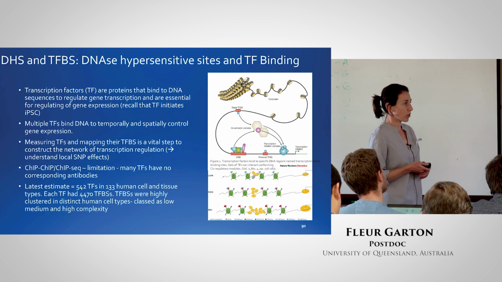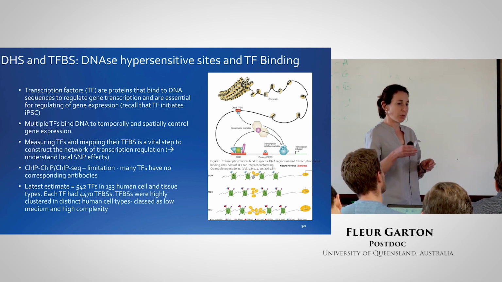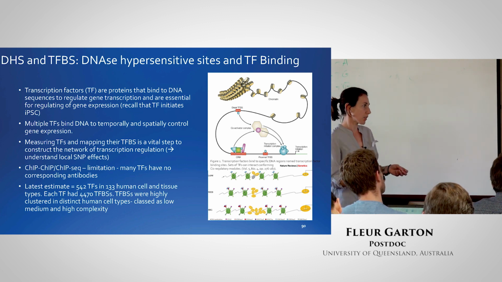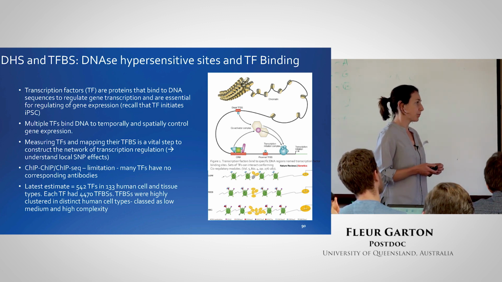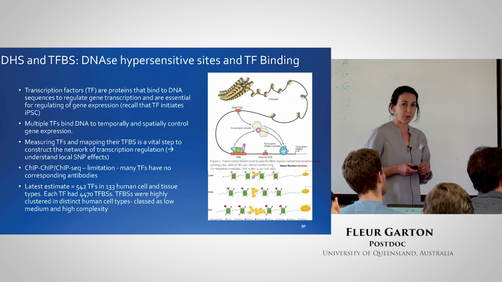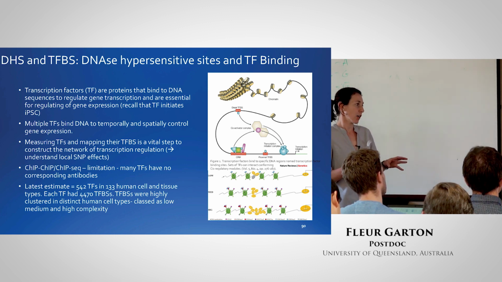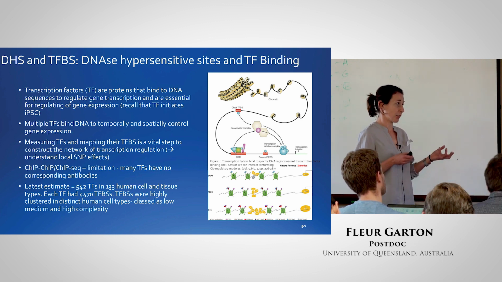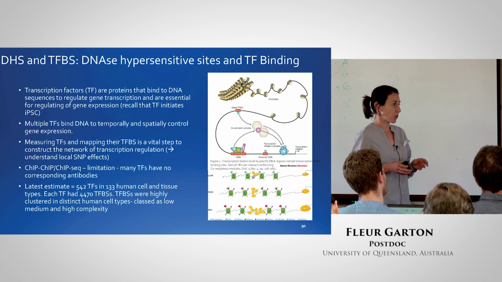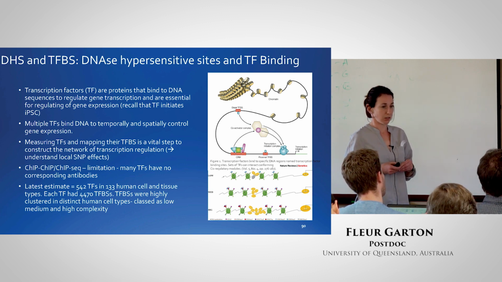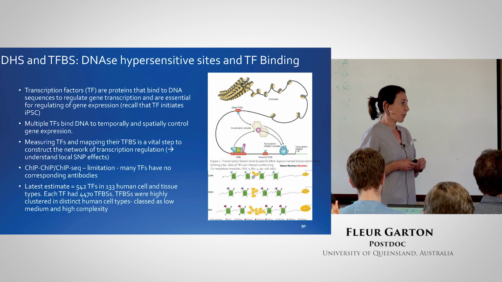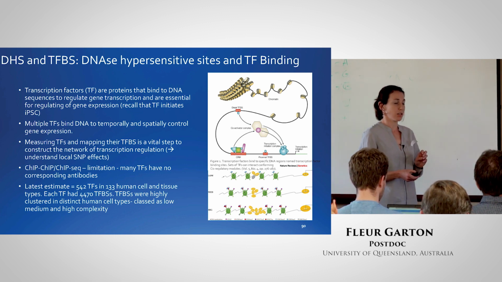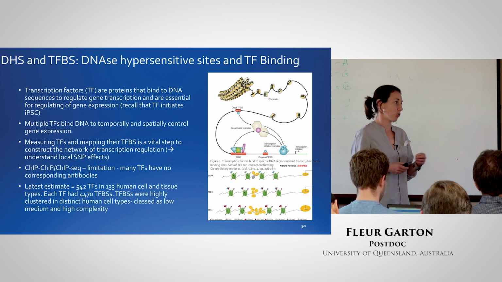A lot of work has gone into mapping transcription factor binding sites. This correlates very well with DNase hypersensitivity sites, so that's been useful. The latest estimate of how many transcription factors we have is about 500, based on 133 different human cell and tissue types. Importantly, each transcription factor had over 4,000 binding sites associated with it.